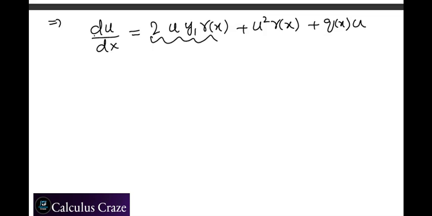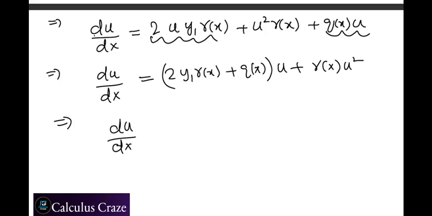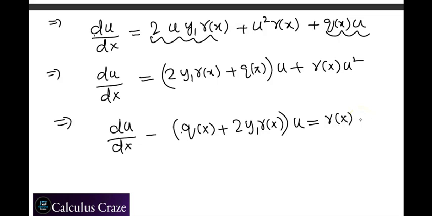So this term contains u and this term contains u, so I can combine them together to write the derivative of u with respect to x equals 2y1 r of x plus q of x times u plus r of x times u squared, which can be written in this form: the derivative of u with respect to x minus q of x plus 2y1 r of x times u equals r of x u squared, right?